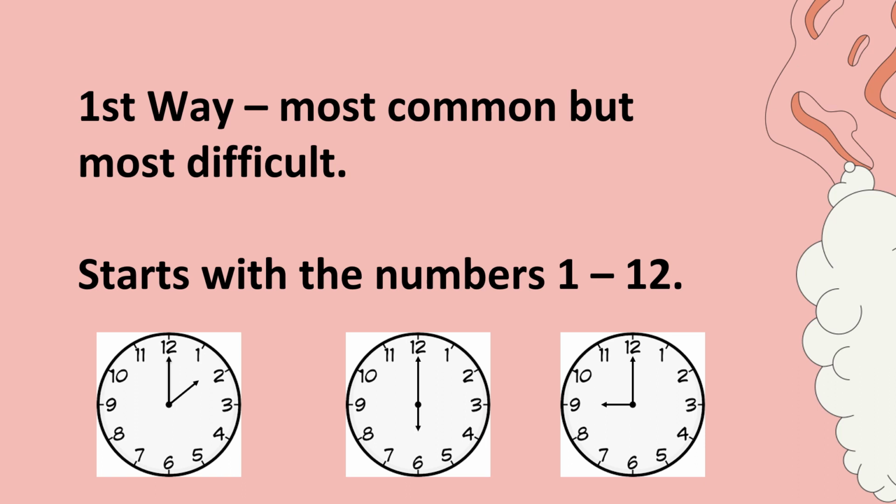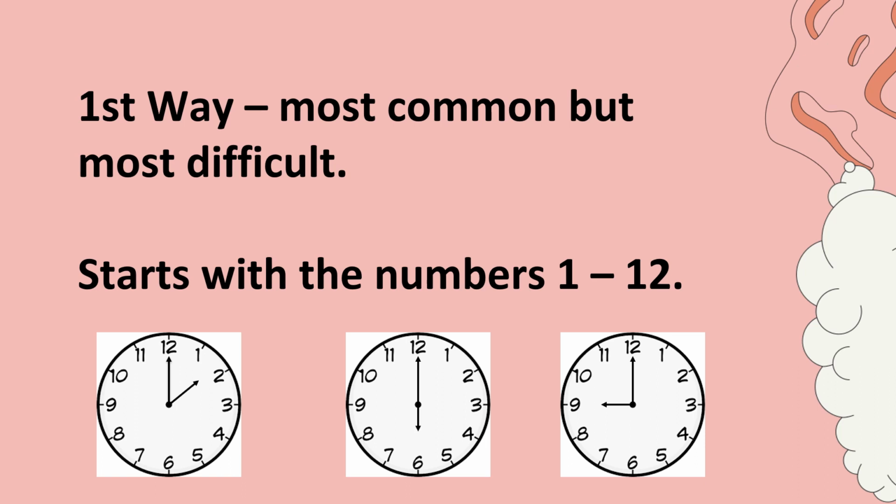We start with the numbers 1 through 12. The arrows on a clock face are called hands. On these clocks, the longer hand points to the 12 and the shorter hand points to the hour of the day. The first clock's short hand points to the 2, so it's 2 o'clock.